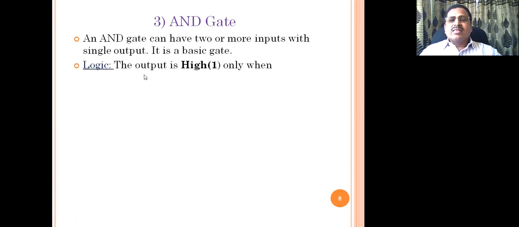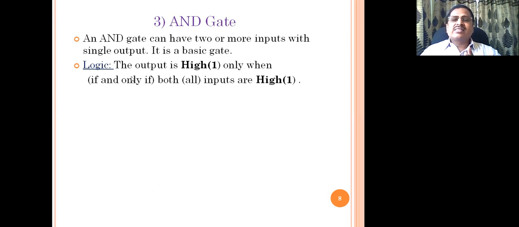Now the logic that can be performed by the AND gate, we can define with the help of a statement: output is high or 1 only when, or you may say if and only if, both inputs are high. In case of two input AND gate, the logical statement is: output is high, that is 1, only when both the inputs are high or 1.